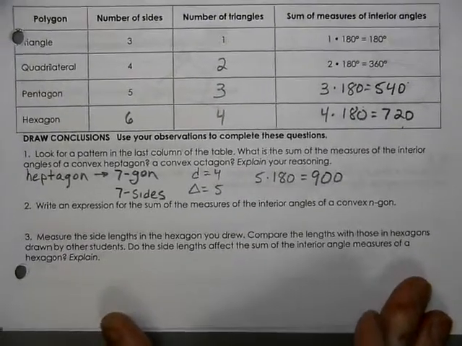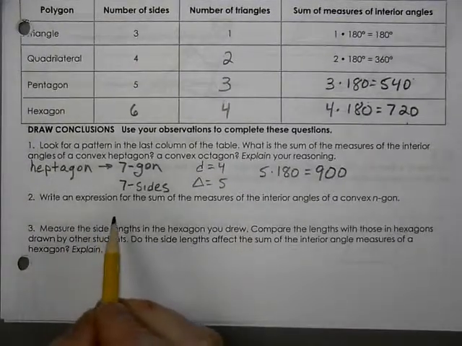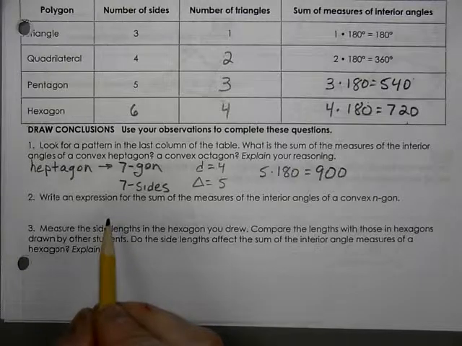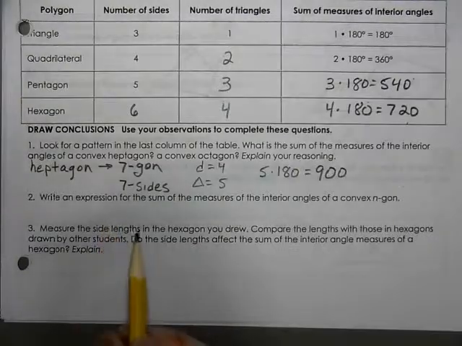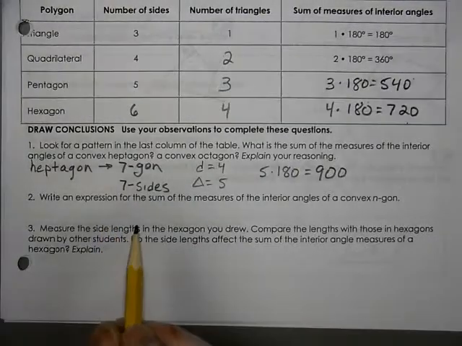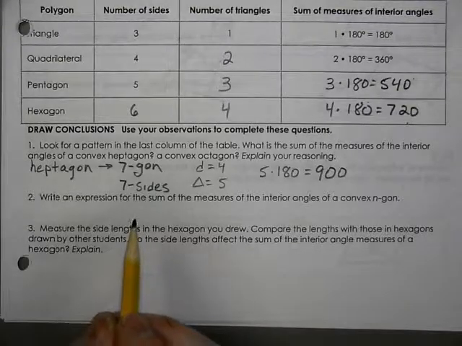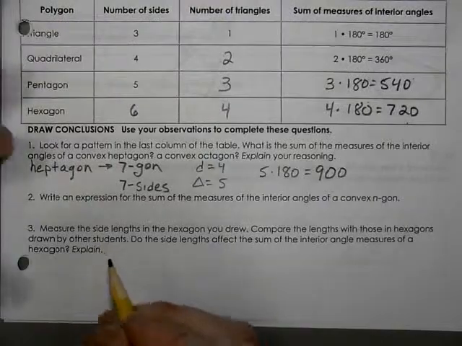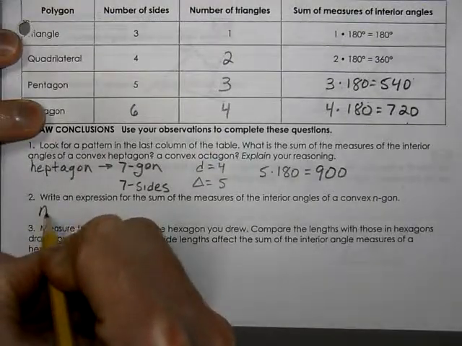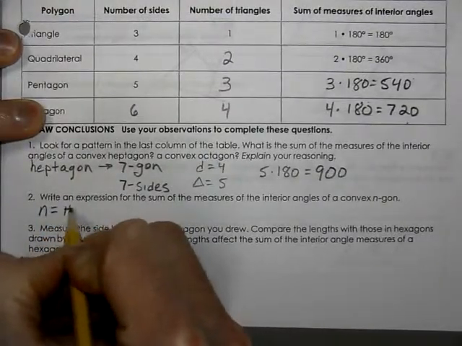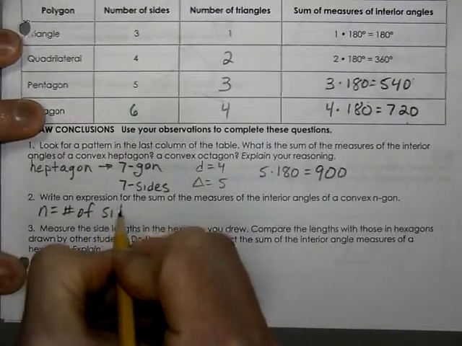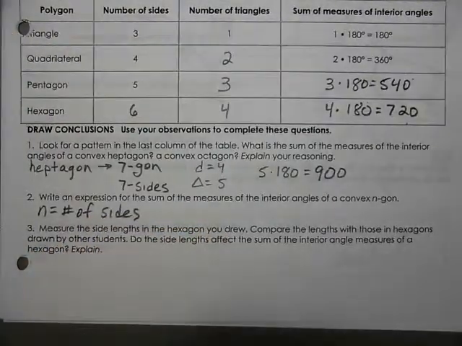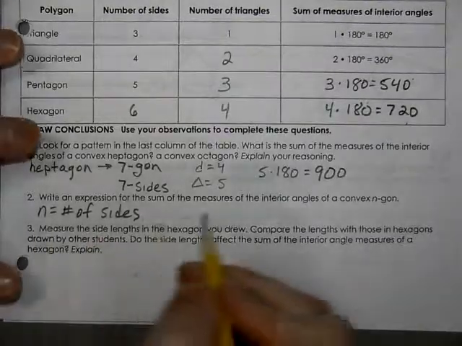Let's see if we can come up with a formula. What are we doing? What do we need to know to do any of these problems? What's the most important value? Where can we start? If we knew the name or the type of polygon that we had, then we would know n equals the number of sides. So we need to know the sides.